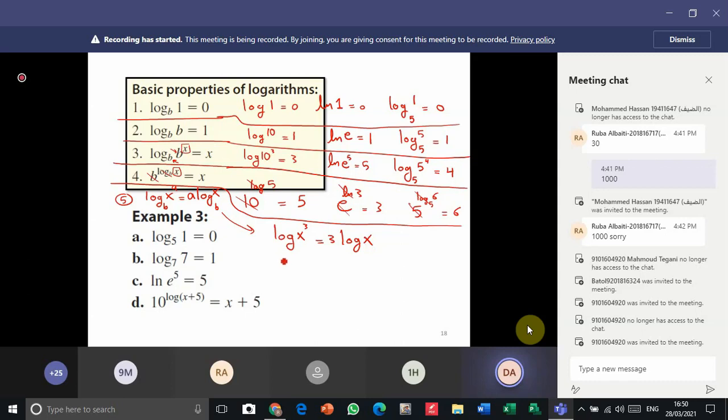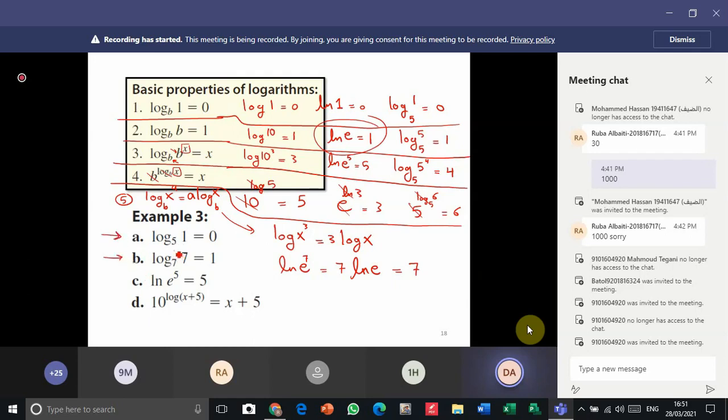Also, if we have ln, for example, e to the power 7, this is equal 7 ln e, and ln e equal 1, so we have 7. Look at this example, log 1 directly 0.